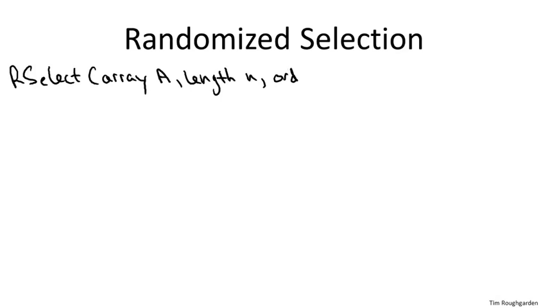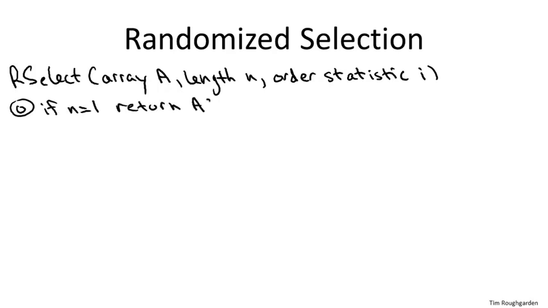And according to the problem definition, it takes as input, as usual, an array A of some length n, but then also the order statistic that we're looking for. So we're going to call that i. And of course, we assume that i is some integer between 1 and n inclusive. So the base case is if the array has size 1, then the only element we could be looking for is the 1st order statistic, and we just return the sole element of the array.